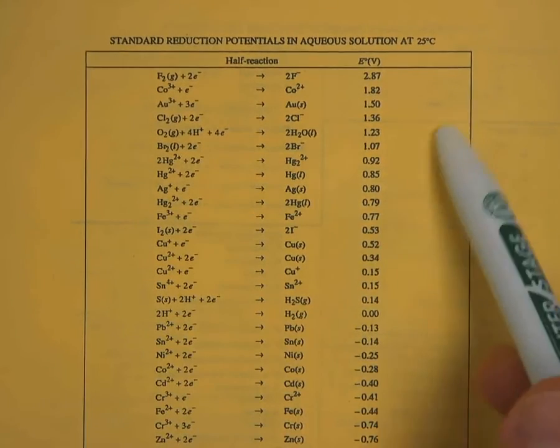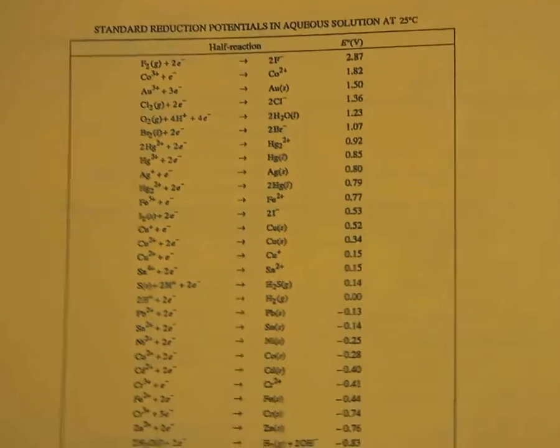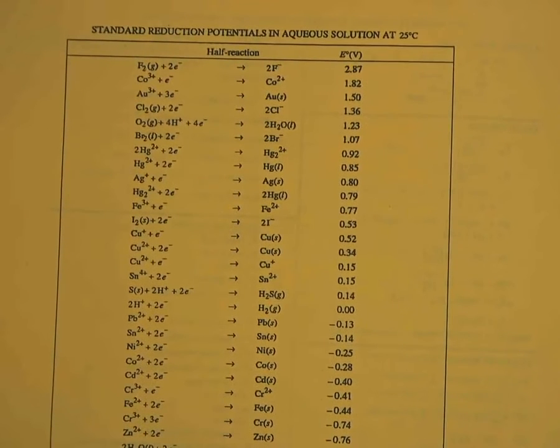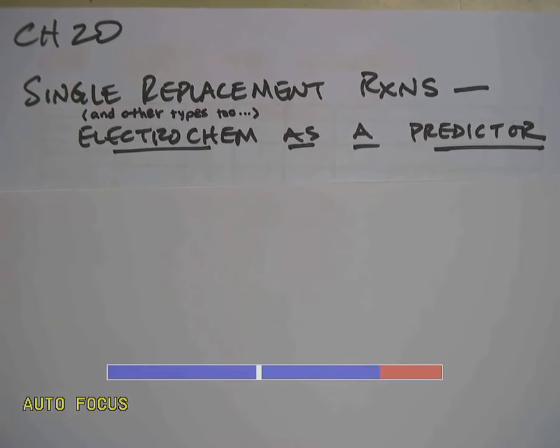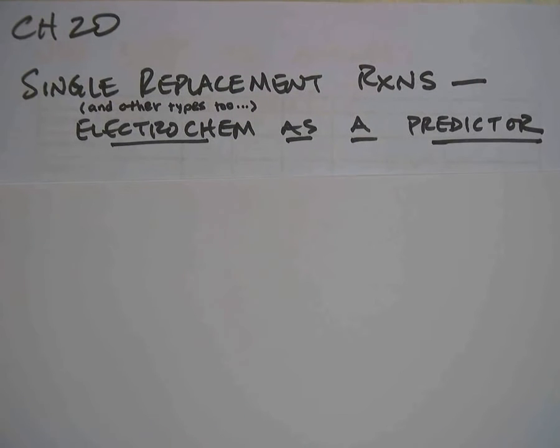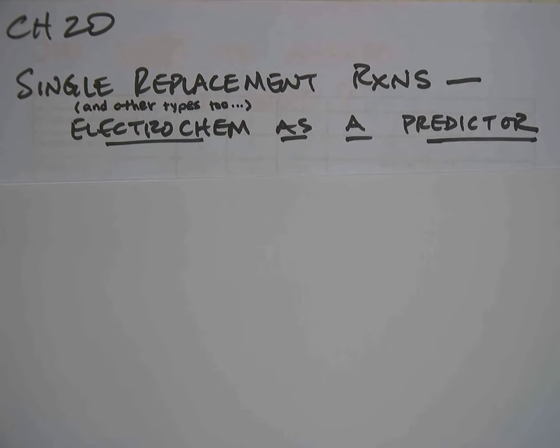Today we're going to use these standard reduction potentials to make predictions, not about the amount of electromotive force or voltage that's produced by a reaction, but whether or not a single replacement reaction or other redox reaction will occur. In effect, we're going to answer the question, reaction or not, during this videocast. It's called single replacement reactions and other types of redox reactions using electrochem as a predictor.